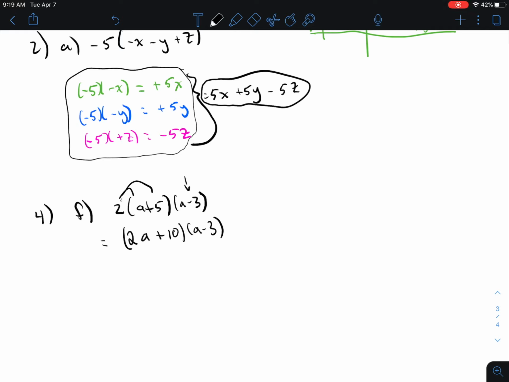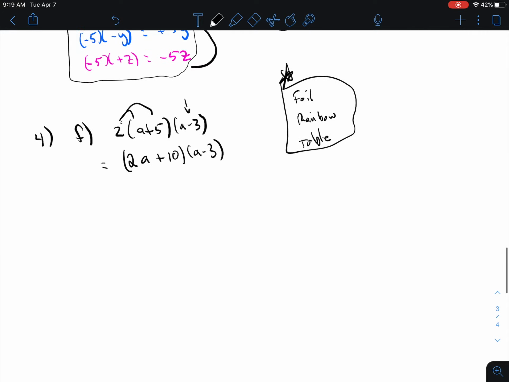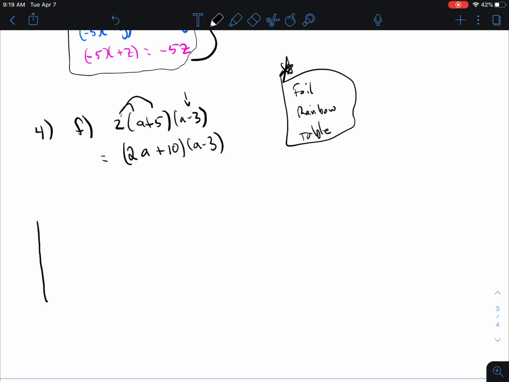Now you could choose, do I want to do foil? Do I want to do rainbow? Or do I want to do table? How about for the purposes of this question, I'll do table. You can pick which one you want to do. So I'll do the table here. You write both pieces, 2a, positive 10, and a minus 3, and then you just fill in the middle.